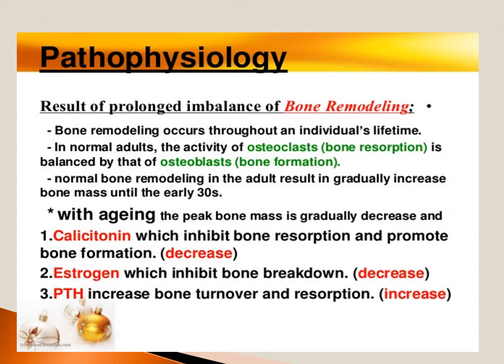Estrogen activity decreases, as the main function of estrogen is to inhibit bone breakdown. But when age increases, estrogen level also decreases, so the chances of bone breakdown will increase. Calcitonin function also decreases while age is increasing, and the main function of calcitonin is bone formation. So this is the main pathophysiology behind osteoporosis.